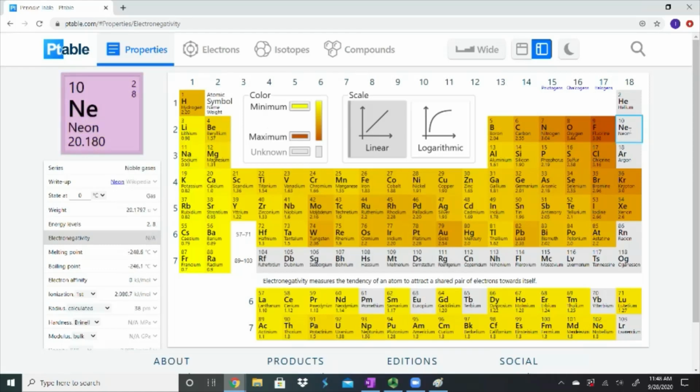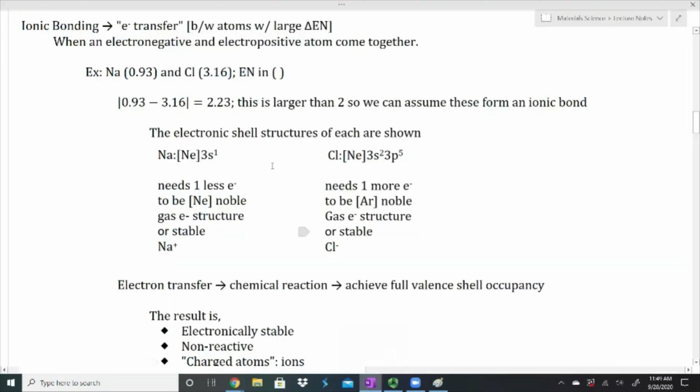Neon has a full, complete valence shell, and so if I add one more electron to it, I have to start a new shell. And so this sodium just has one extra electron compared to neon, and it is in the 3s shell. And there's only one electron.